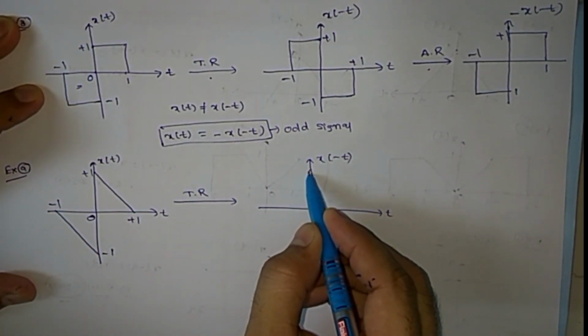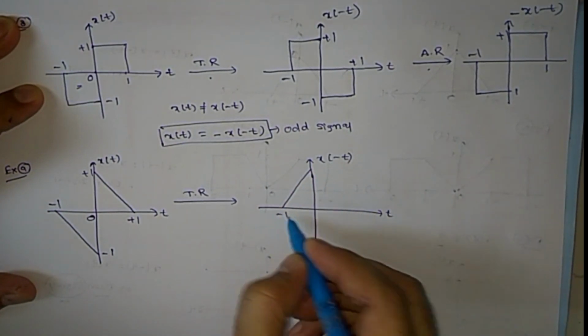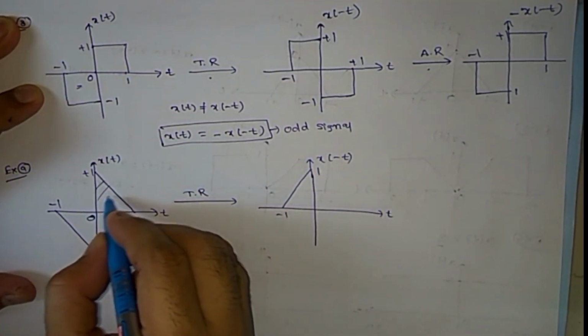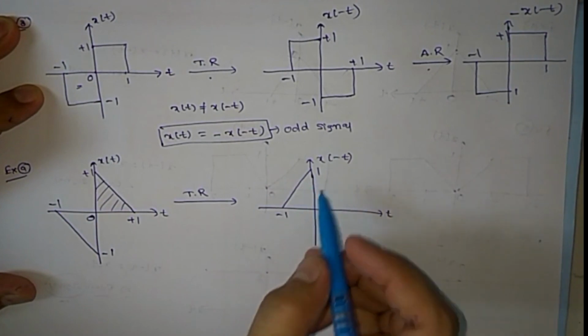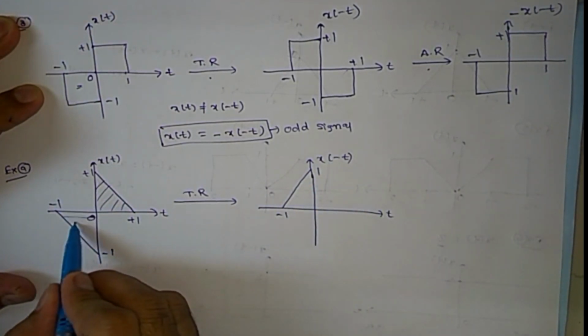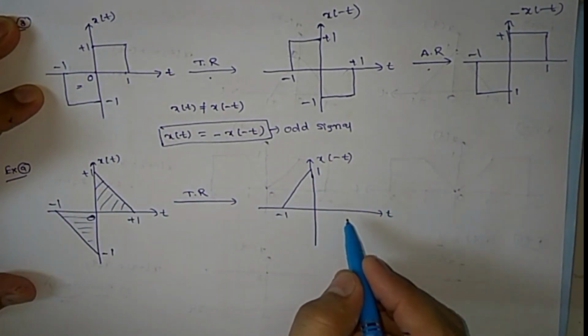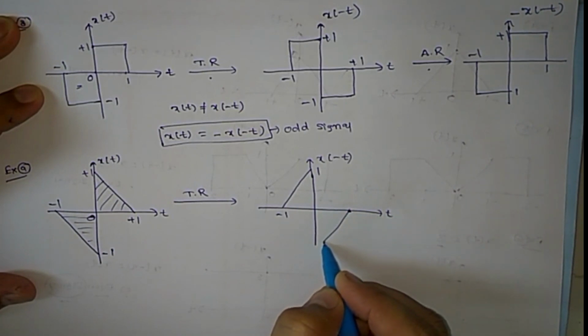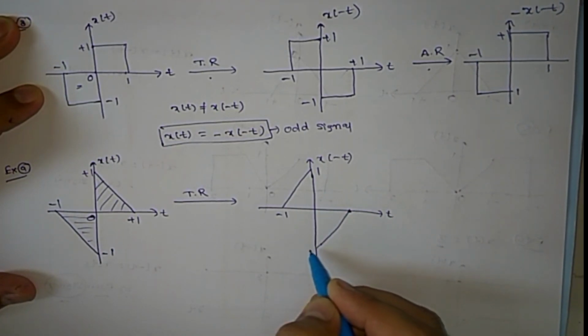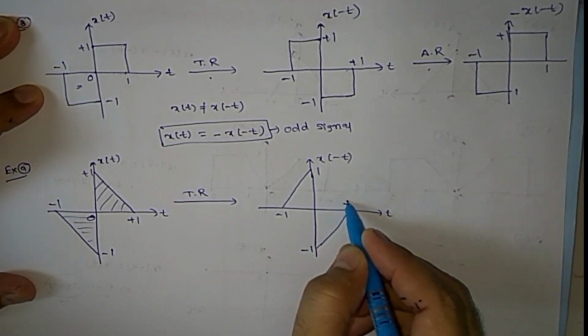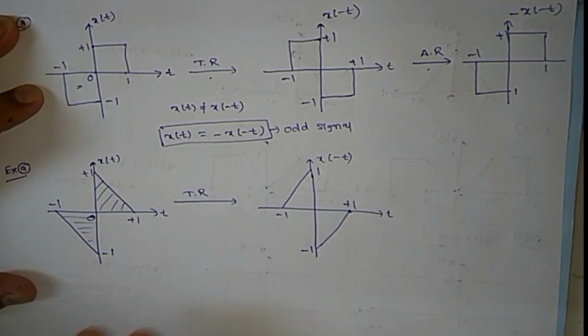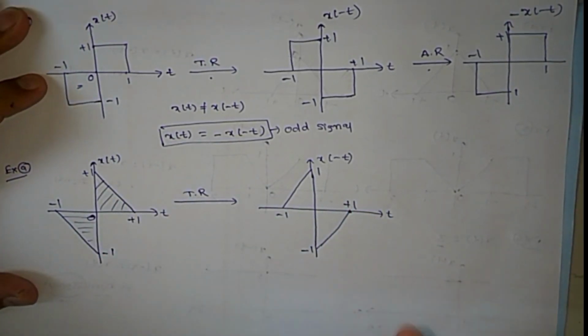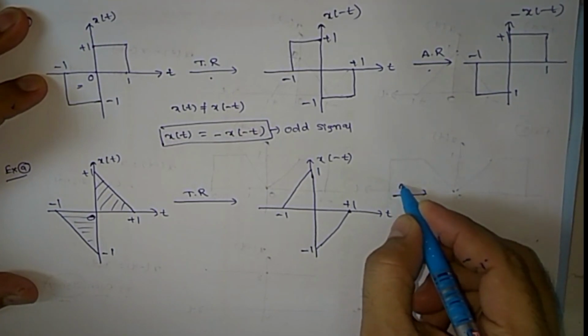So this will come from minus 1 to 1, this part. Okay, so now what about this part? This is coming to this side, right? So are both signals the same? No, right?